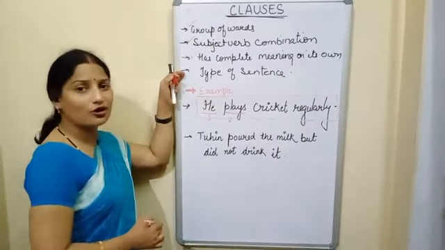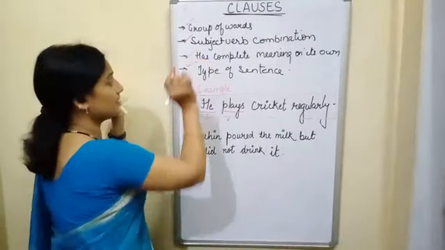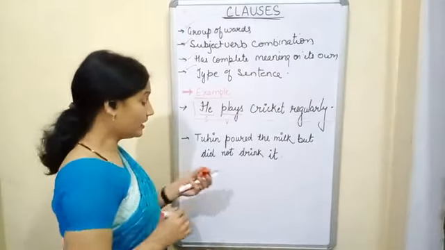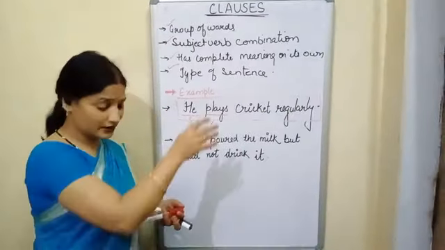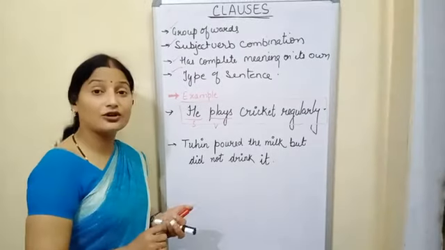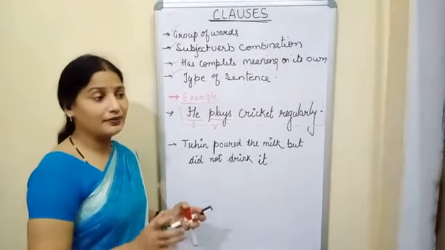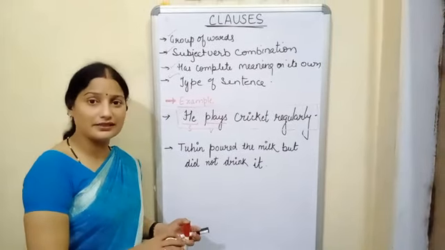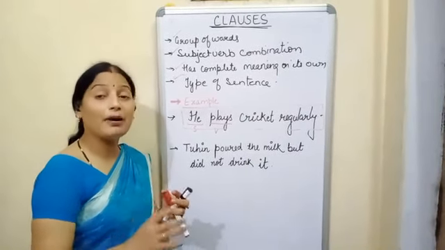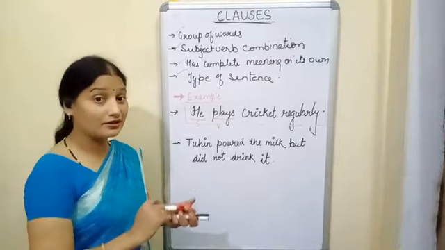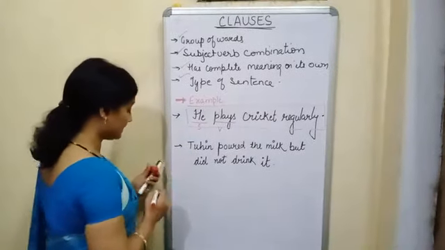And definitely a clause is a type of sentence. Clear? Now see, I told you just now that a clause may or may not complete the sentence. If it is not completing the sentence, then it may be a part of a longer sentence. Now on that basis we have one example.